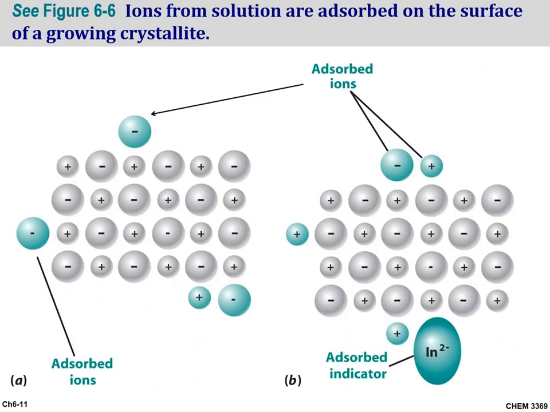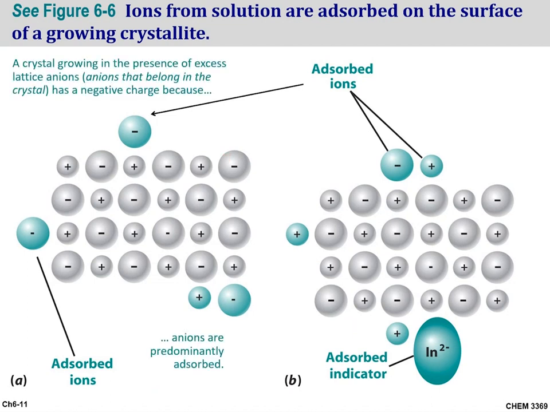Now, in order to understand how these indicators work, we need to consider the electric charge of these precipitate particles that are forming in the solution. This is an example of a silver chloride particle that is growing in the presence of excess lattice anions.